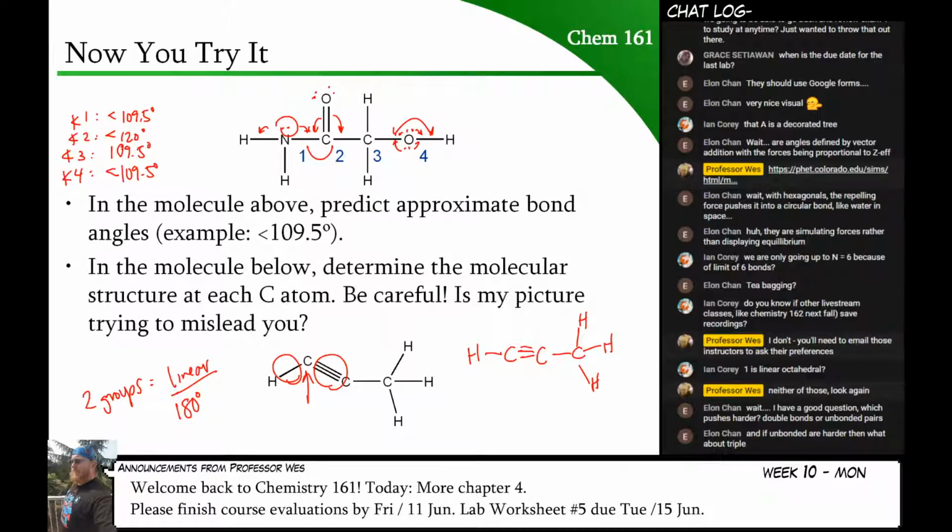Which pushes harder, double bonds or unbonded pairs? That's a good question. I would have to answer that experimentally. I would say that you are not really going to hit a situation where you have both. And if you do, I would say that non-bonding pairs probably win overall because they just have a bigger range.